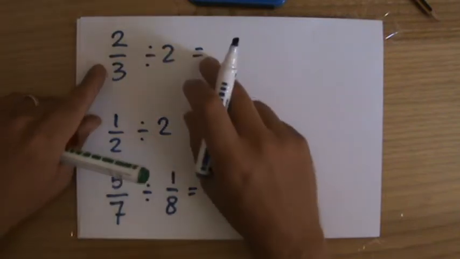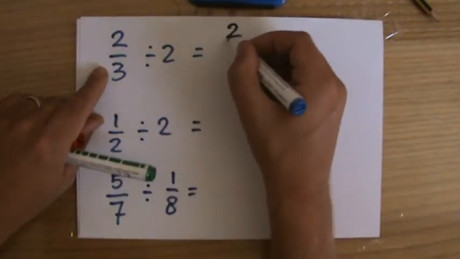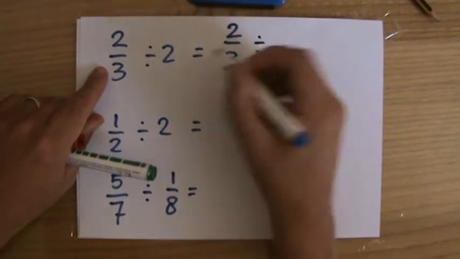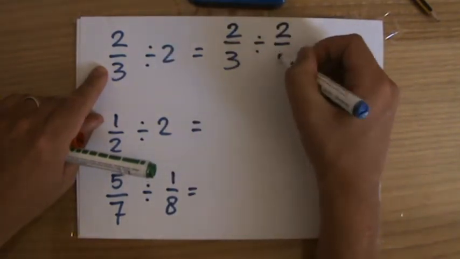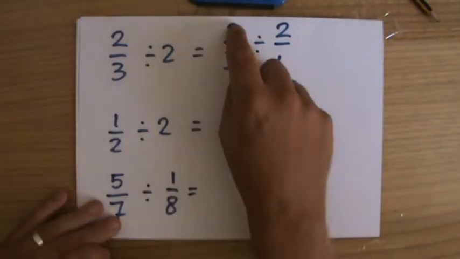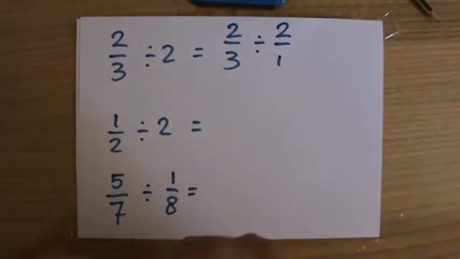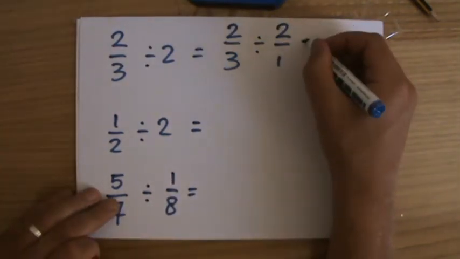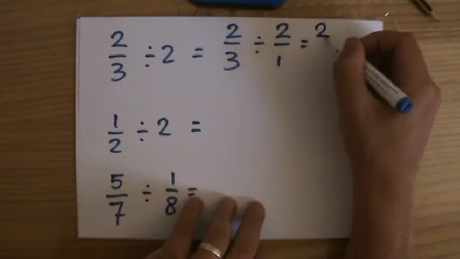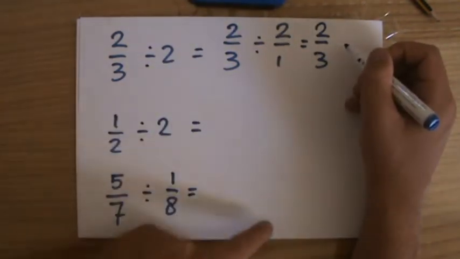Don't worry, because when we are dividing a fraction, it is always a good idea to write that other number also as a fraction, 2 divided by 1. Now, where with multiplying, we just multiply the numerators and we multiply the denominators with each other. With dividing fractions, we don't do that. First, we find the reciprocal of my divisor.